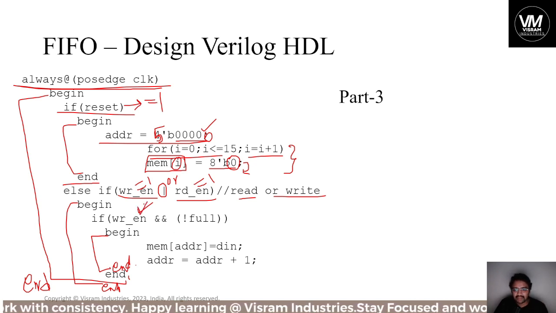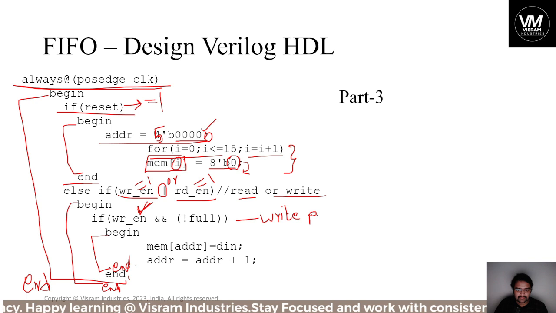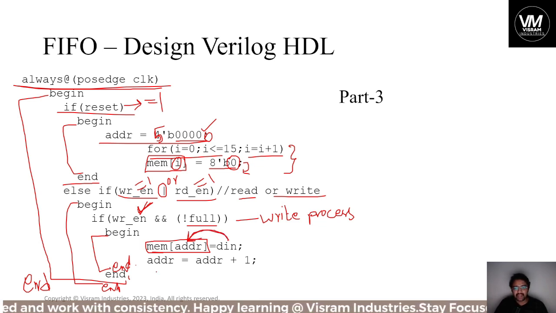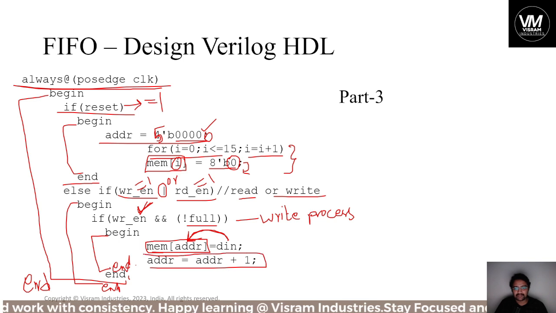Only write enable, writing process. Write process, not full. Then whatever data you have, that can be sent to the memory address at that location. This is how the write process is happening, right? From the data input, it will go to the memory address, and then the address will be incremented for every loop.